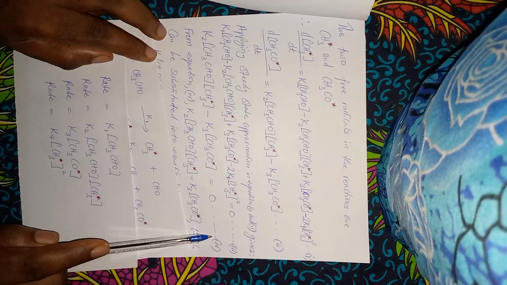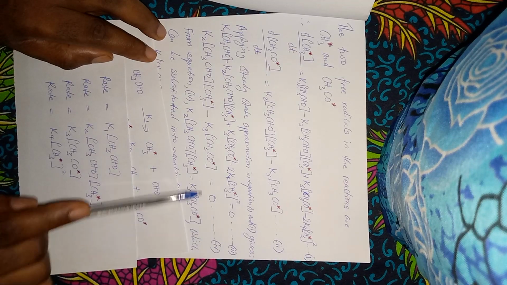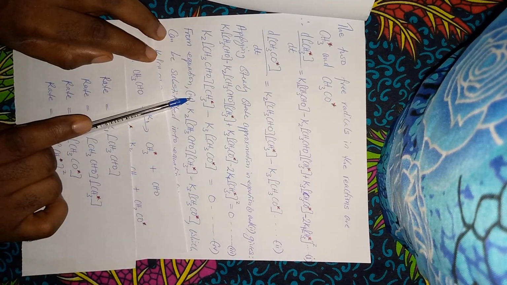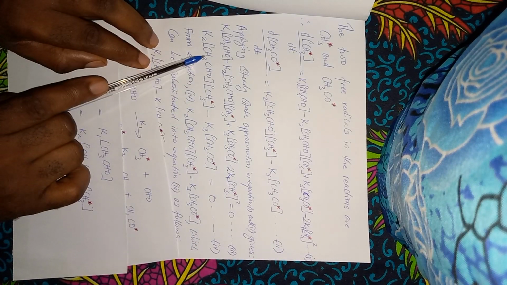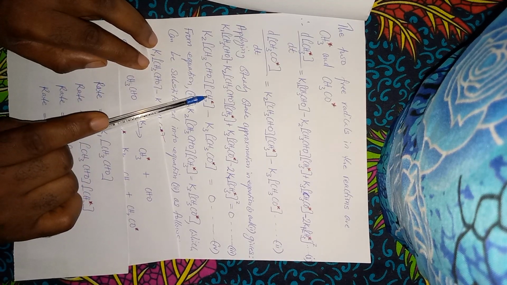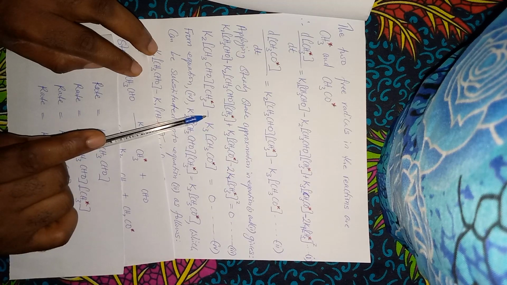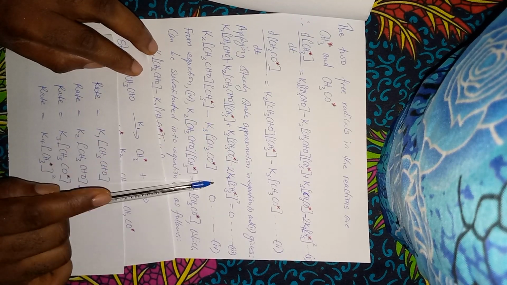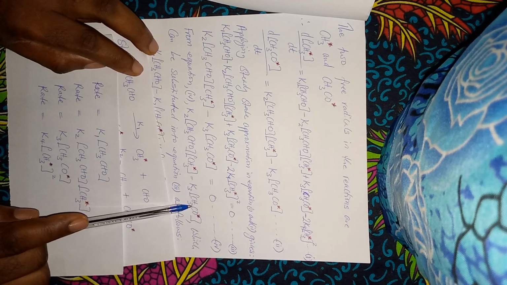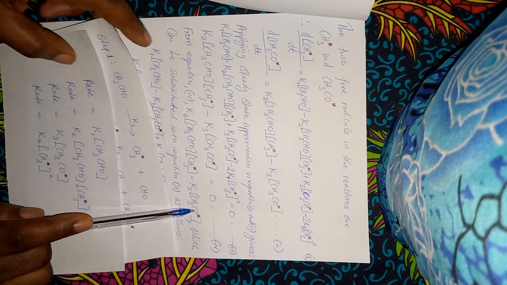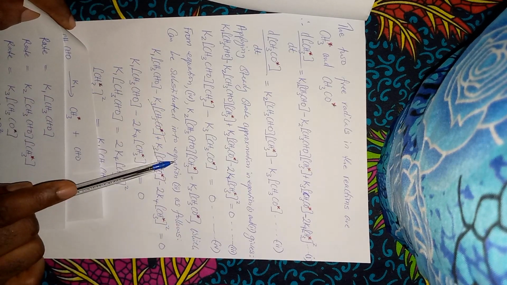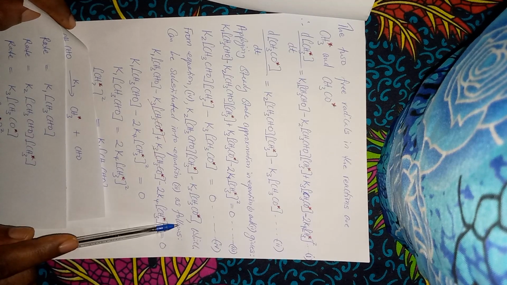From equation 4, which is what we have here, K2 in bracket CH3CHO in bracket free radical CH3 will now cross the equality sign and become positive. So that's why we have K3 in bracket free radical CH3CO, which can be substituted into equation 3 as follows.